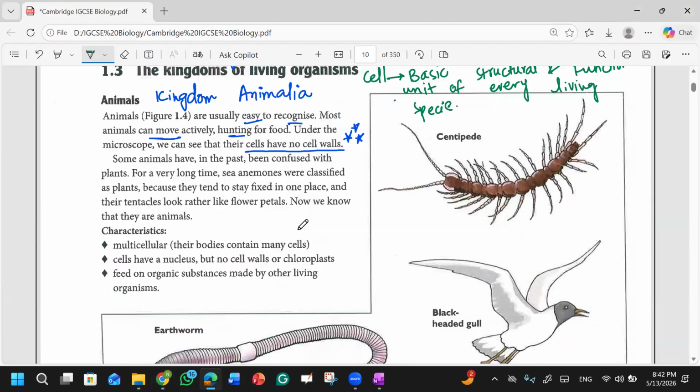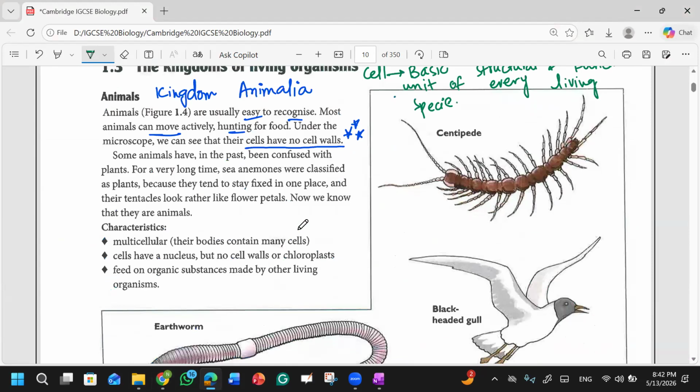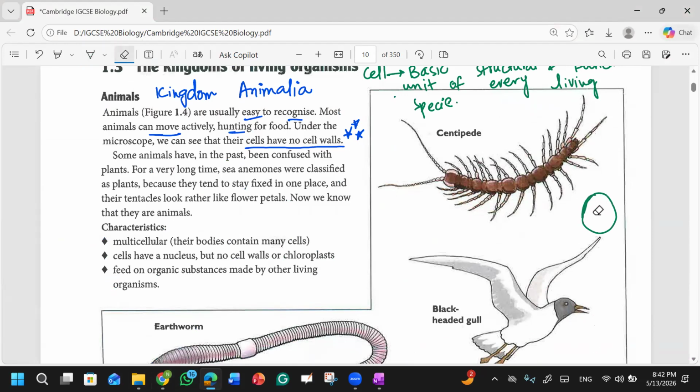Then, after this, we have some animals. Now they have mentioned that the animal cells have no cell wall. If you see the animal cell, it is just like this. This is the cell. There is no cell wall outside. But when we see the plant cell, in the plant cell there will be a cell wall.